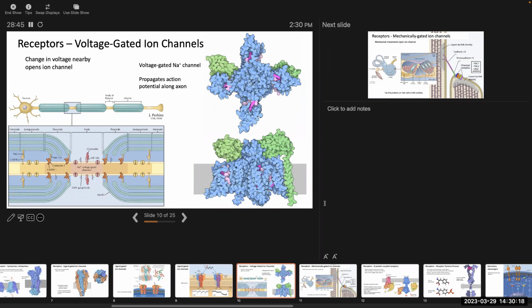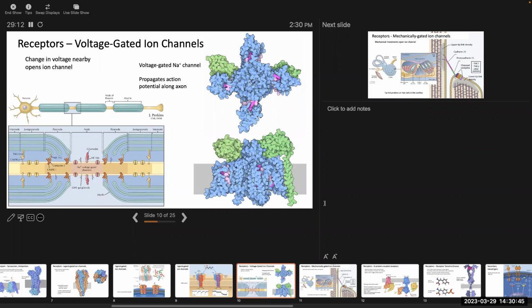So a change in the voltage of the cell membrane will open this molecule and allow ions to flow in, which is going to cause another change in voltage. So this is how an action potential propagates or travels down the axon of a nerve cell.